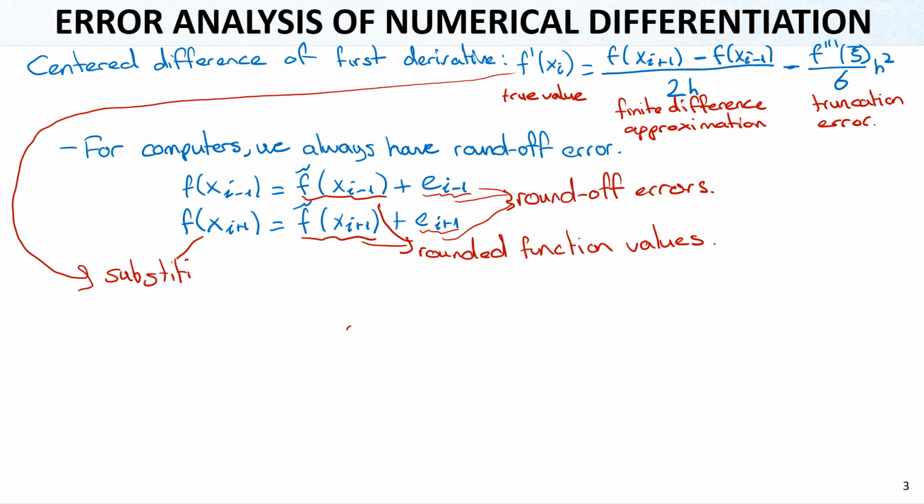Substituting, then we will have the derivative f'(x_i) is equivalent to the rounded value of f(x_{i+1}) minus the rounded value of f(x_{i-1}), divided by 2h again.